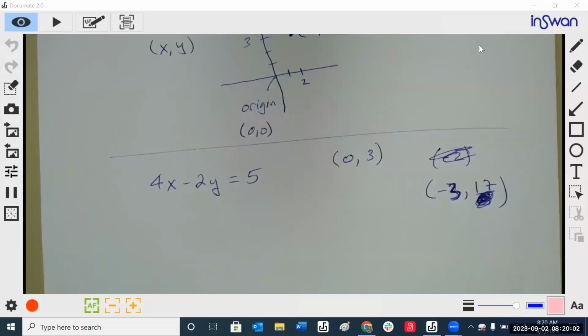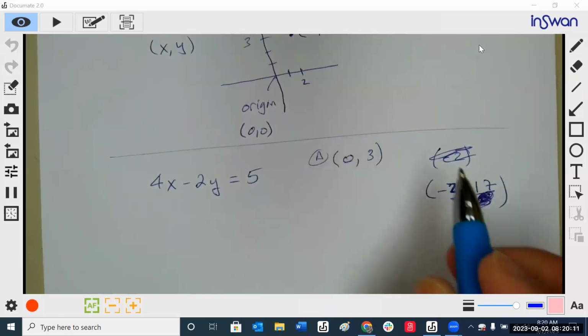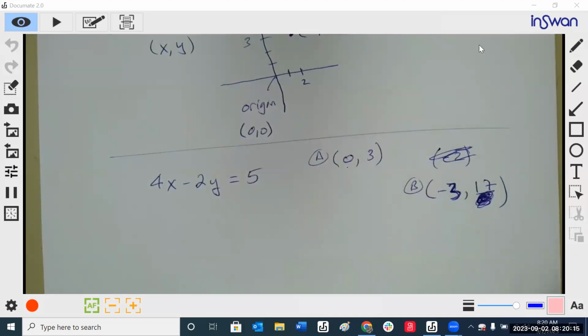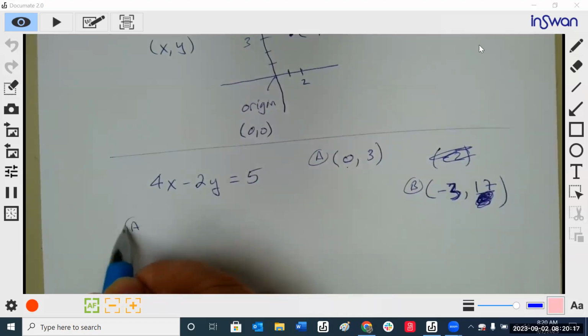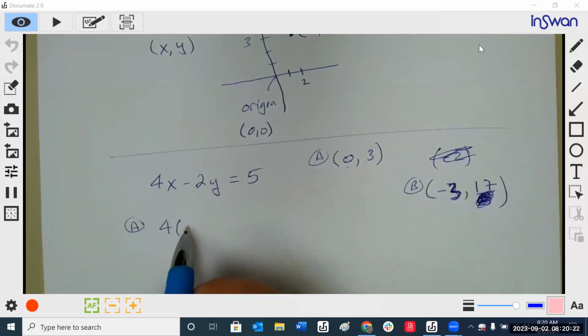Do we just guess at math, or do we do something else? We do work. So in the first one, we call this one A. What do we do with the first one? First ordered pair. Plug them in there. What is X? And Y?